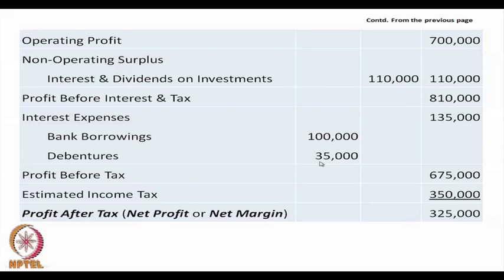This amount is 35,000, and this amounts to 100,000. Together this comes to 135,000 rupees. That is the interest expenses.